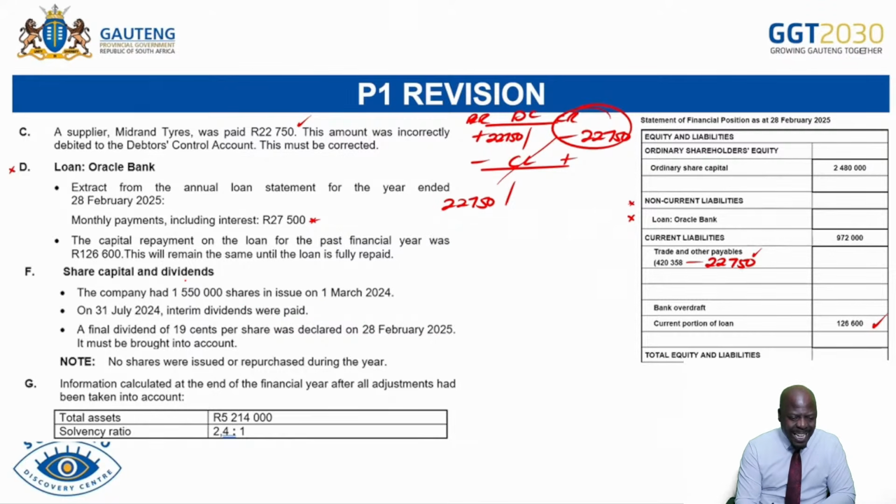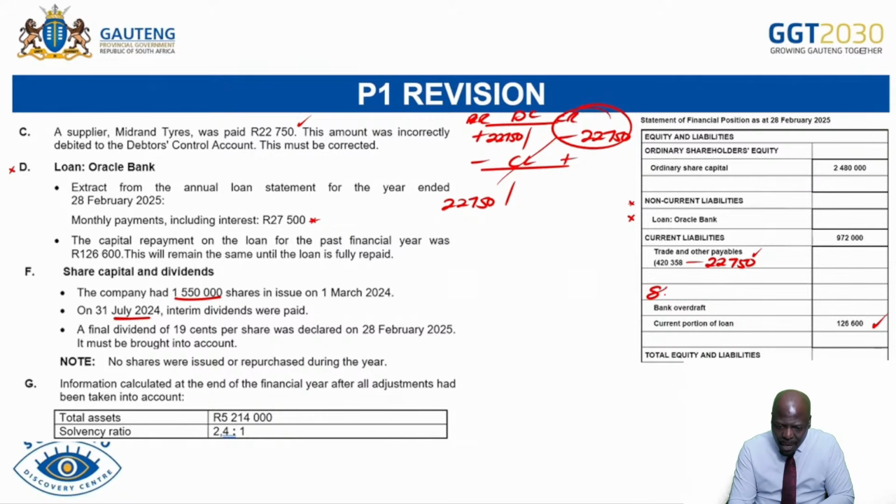Share capital and dividends. The company had 1,550,000 shares in issue on the 1st of March, we're told. Interim dividends were paid on the 31st of July. A final dividend was also paid. So I know once I see that, I'm going to come and calculate my shareholders for dividends.